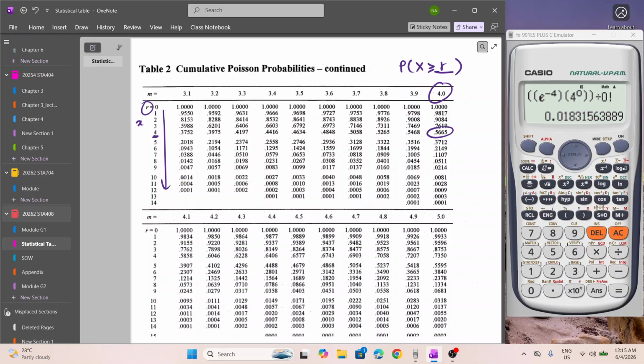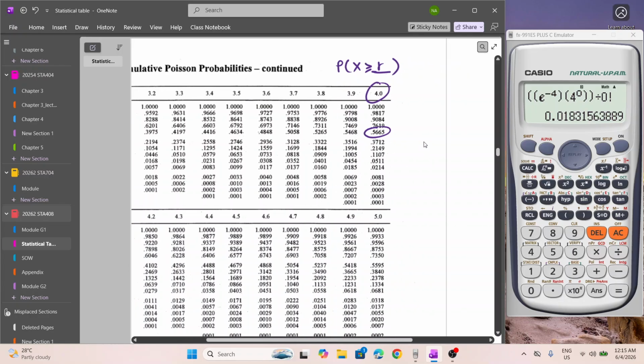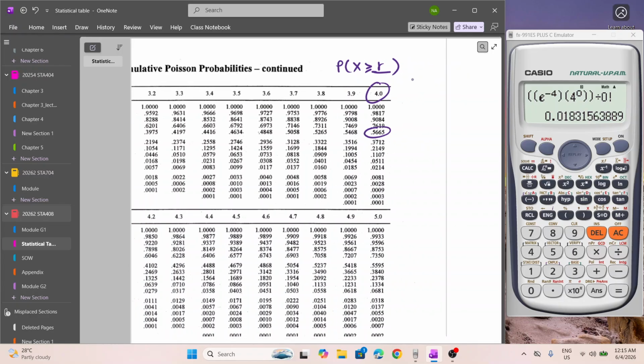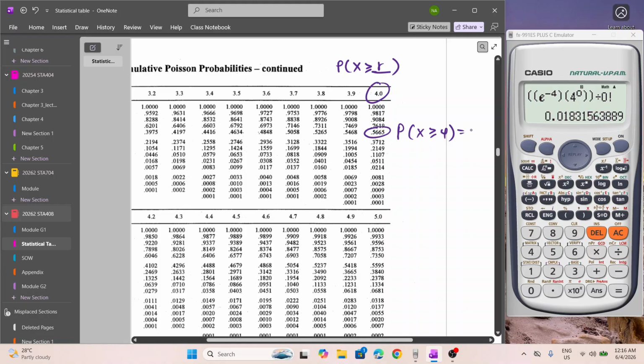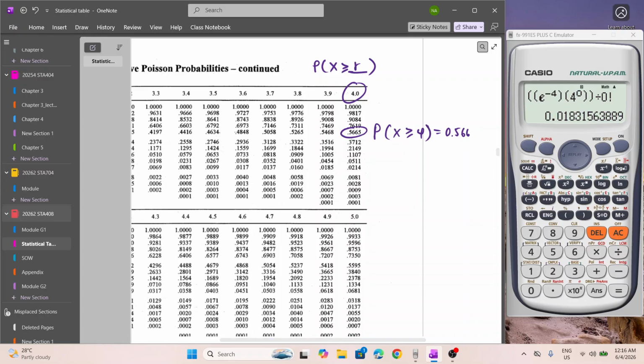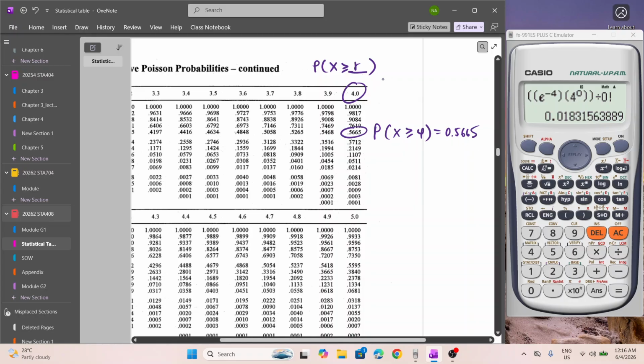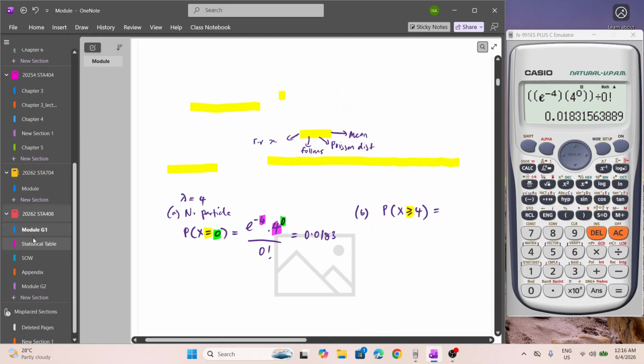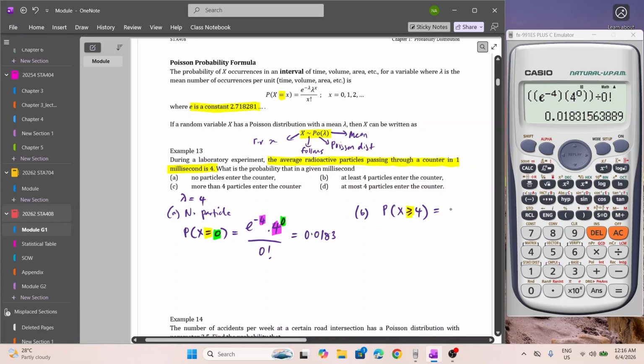Since we want the probability of x greater than or equal to 4, you can straight away write the answer, 0.5665. Go back to the module, and this is equal to 0.5665.